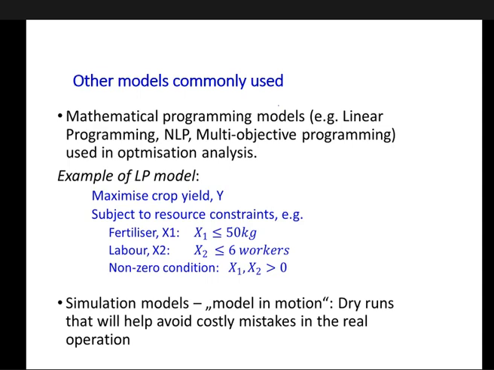What happens to the yield? Or if I decrease the fertilizer by, say, 15%, what happens to the yield? So it is the model in motion, which is basically the dry runs, and these dry runs will help you avoid costly mistakes in the real operation.